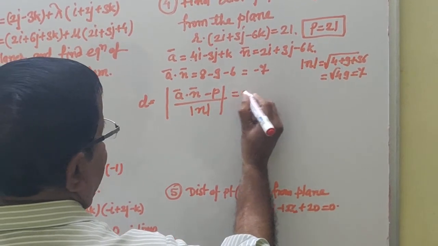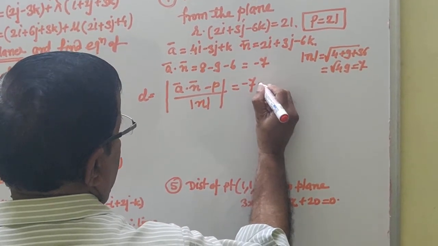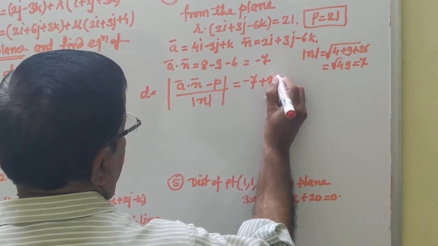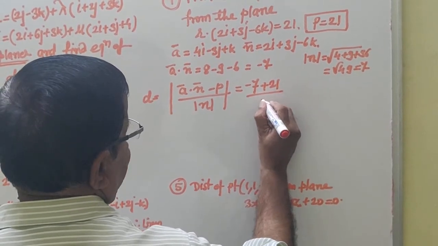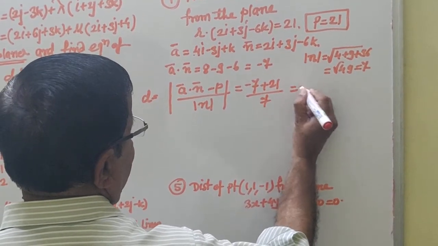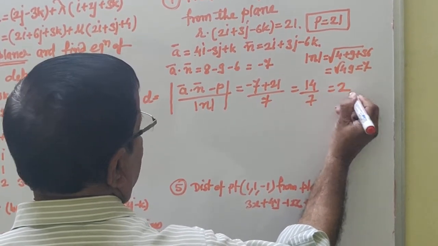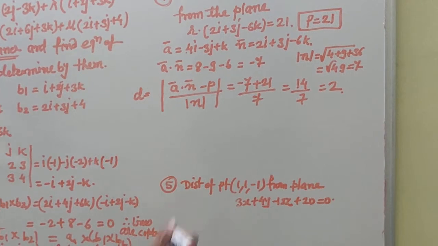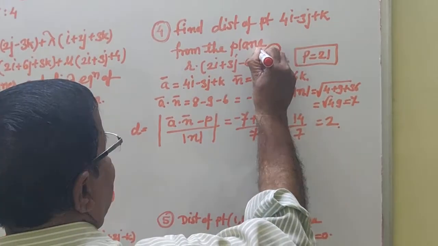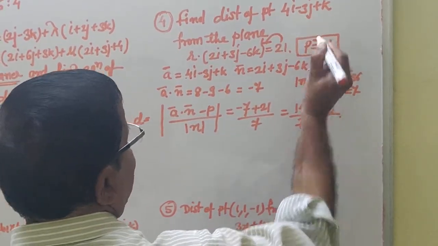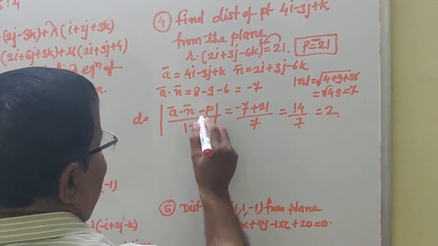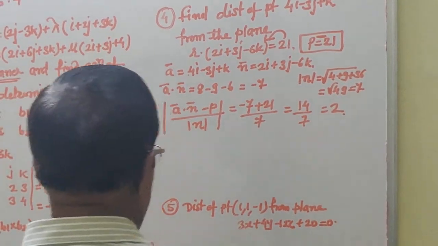So minus 7 plus 21 upon 7, means 14 upon 7, that is equal to 2. The value of p is 21, minus minus will become plus.